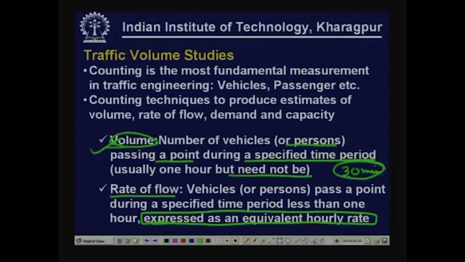But when I express the same 30-minute volume as an equivalent hourly volume, that means if in 30 minutes there are x vehicles, then in 1 hour it is 2x. So, I say rate of flow is 2x vehicles per hour. That is the difference. One is the actual number during the specified time and another is the number expressed as an equivalent hourly rate.